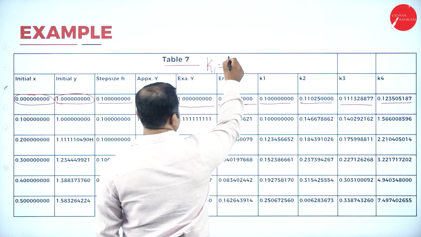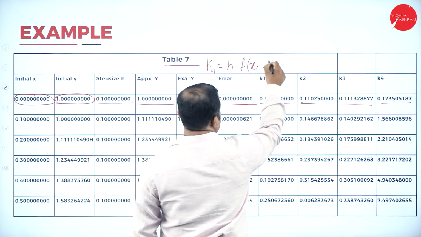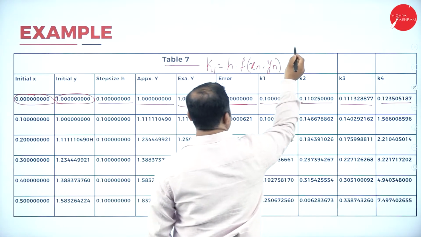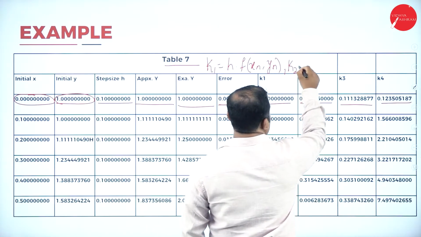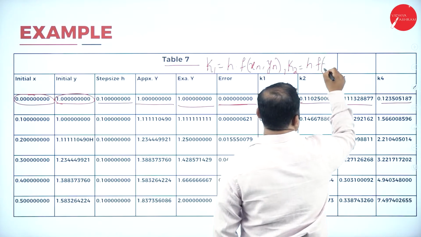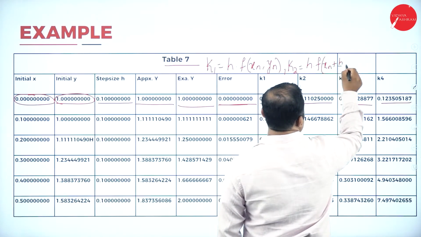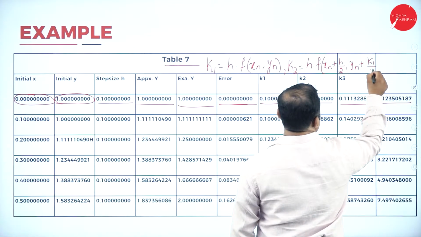k1 is equal to h into f of xn comma yn. This defines the value of k1. Then what about k2? k2 is equal to h into f of xn plus h by 2 comma yn plus k1 by 2.